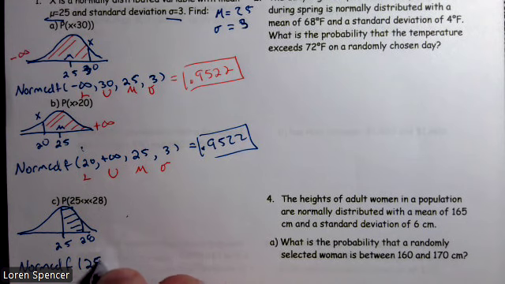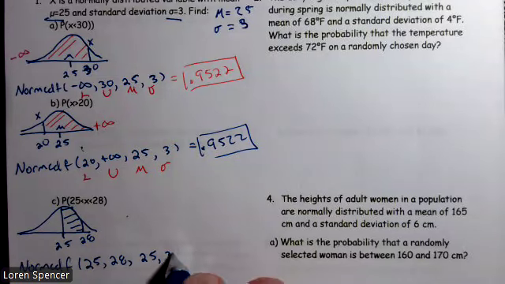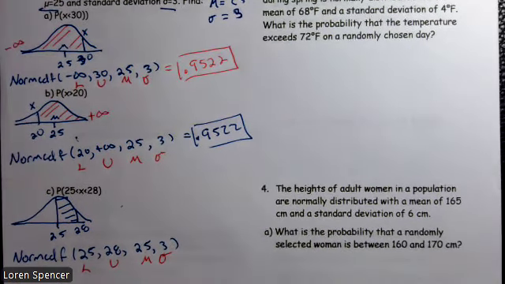Lower bound of 25, upper bound of 28, mean of 25, and a standard deviation of 3. Now, it freaks people out sometimes if there's two 25s. The reason is our lower bound happened to be exactly the same thing as our mean, and that's what we showed when we shaded.